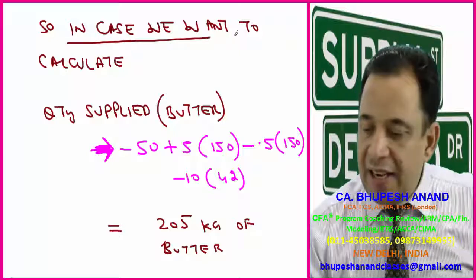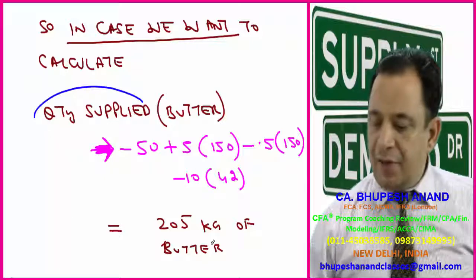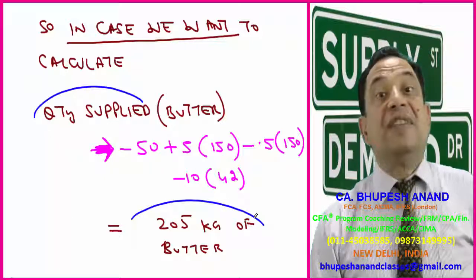Just see, I can calculate the quantity supplied. Quantity supplied will be equal to 205 kgs of butter.